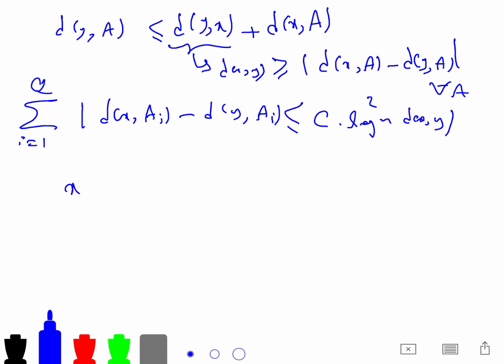And so our map is just x goes to d of x and ai, scaled by q to the 1 over p, for i from 1 to q.